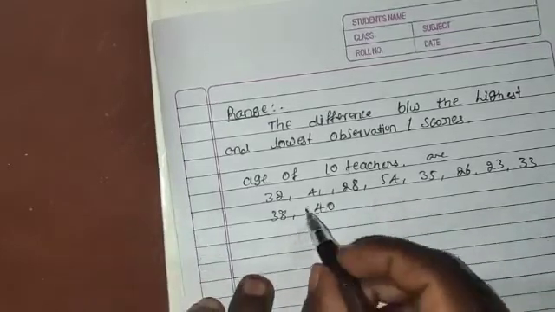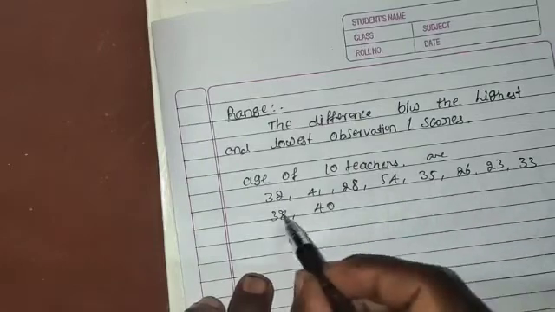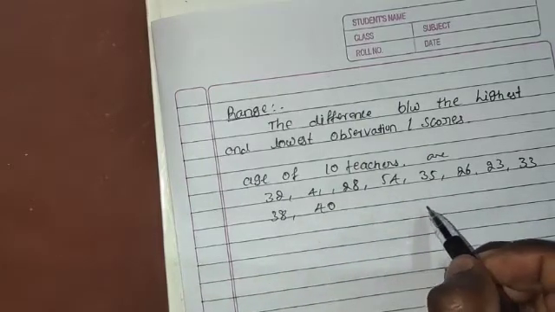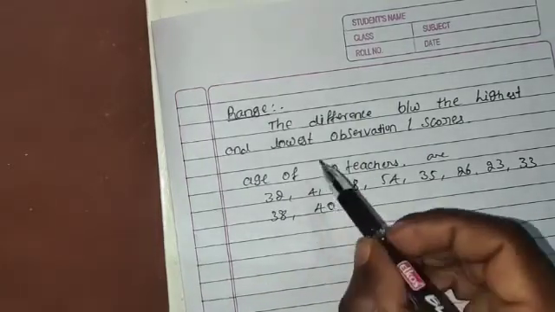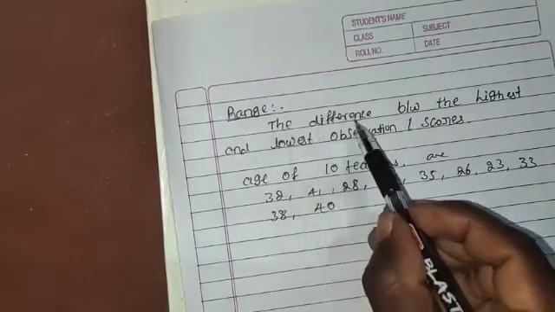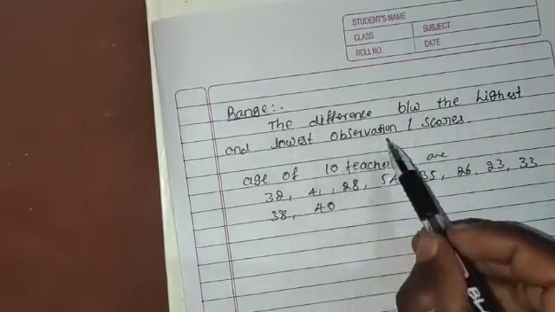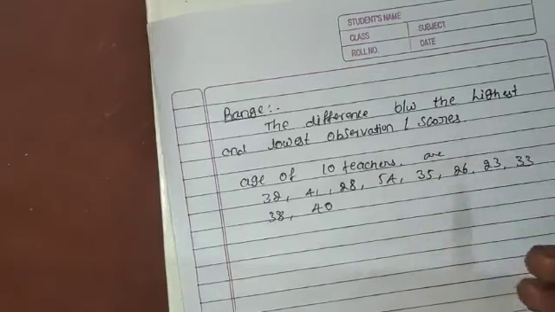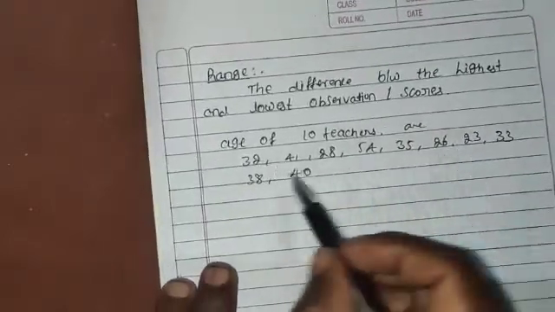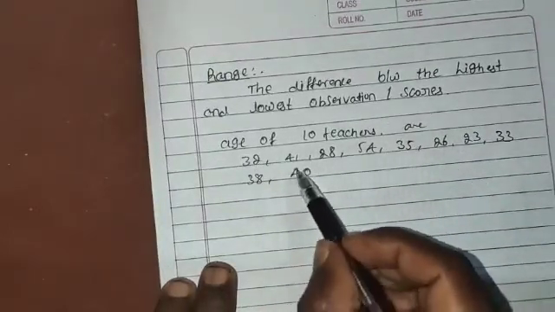Now we have to find the range. We know the definition of range: the difference between the highest and lowest observation or scores. Now we have to observe the data, all the scores or all the ages.